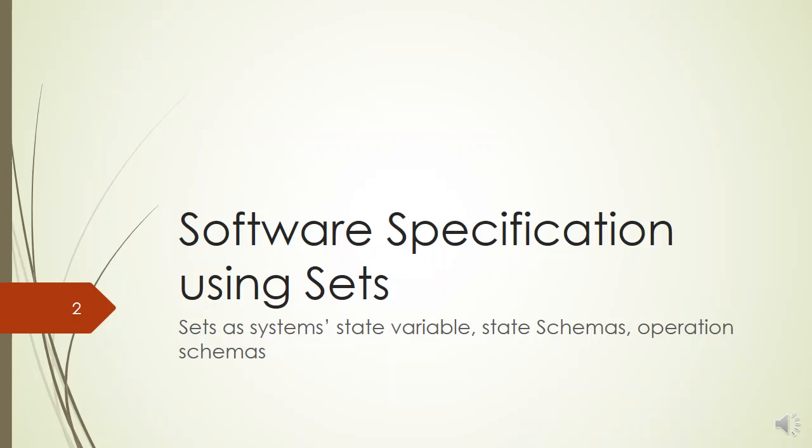Students, in the last lecture, we introduced the concept of schemas. Schemas are basically a structural way to write the specification in Z formal language, and we already discussed the case study in the last lecture, and the state variable in that case study was an integer variable.